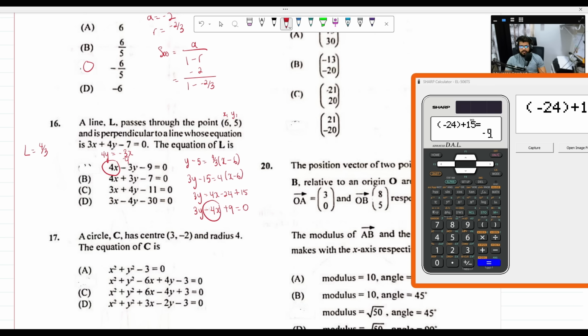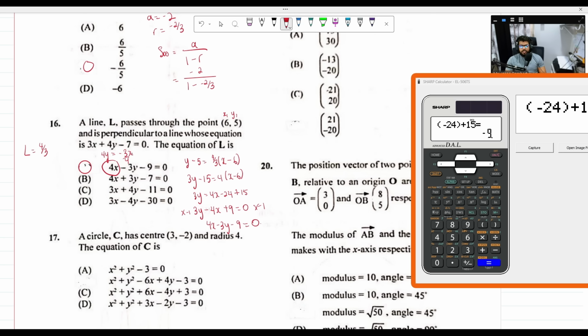We have a negative 4x. So what the question did, which is very smart on behalf of CXE, right? Good job, CXE. They would have just said multiply both sides by -1 to get the 4x minus 3y minus 9 is equal to 0. So the answer is A.